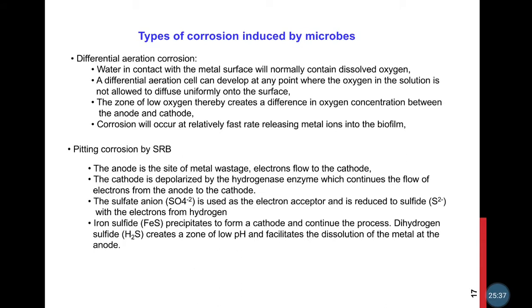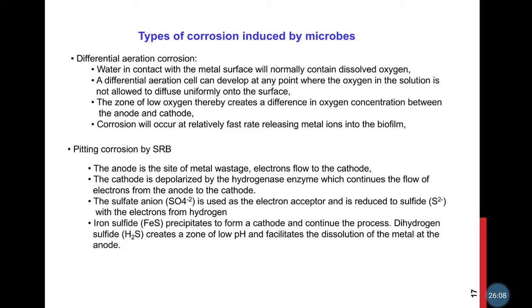Kemudian the second one is pitting corrosion by SRB. Macam dekat pipeline tadi lah, contoh yang paling jelas we can see is in the pipeline system, which is the sulfate reduced bacteria. Dia hidup dalam condition yang dia tukar iron sulfate kepada sulfides.